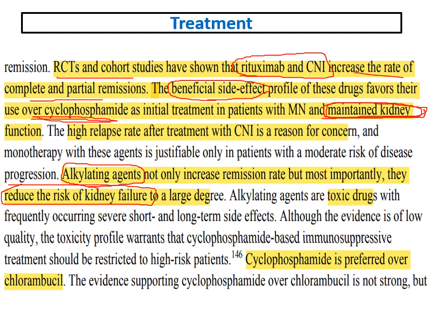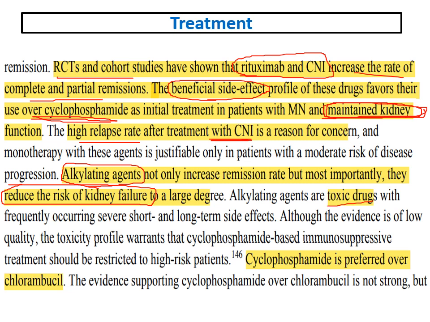Regarding treatment, another very important note is that with CNI there is a high relapse rate. This is the drawback of CNI in membranous: CNI has the highest rate of relapse among rituximab, CNI, and cyclophosphamide.